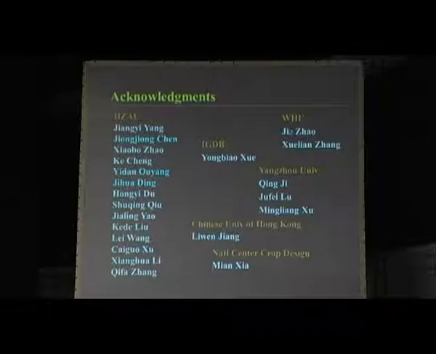So I would like to acknowledge the contributors. This is work of more than 20 years. We made the first cross, I just checked, in 1990. Now it's the year 2012, so 22 years. Many students got involved in this work, and also collaborators in other institutions and universities, and also competitors.